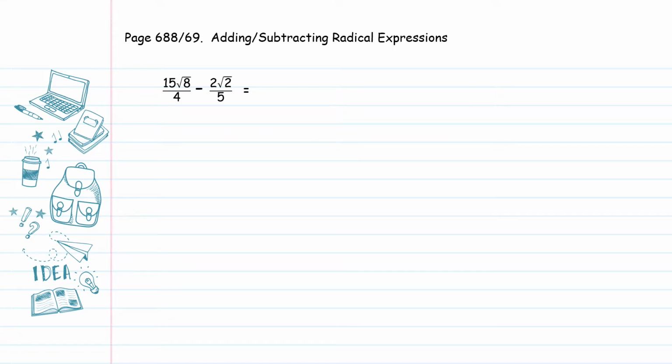So this one says 15 radical 8 over 4 minus 2 radical 2 over 5 is equal to what? First, we have to note that 4 and 5 have to have the same common denominator, and in this case, the least common denominator is 20.